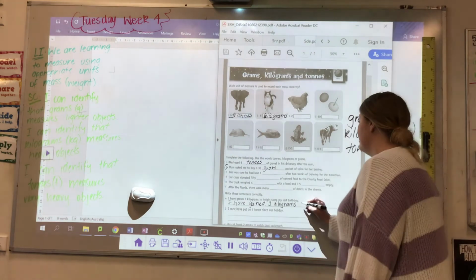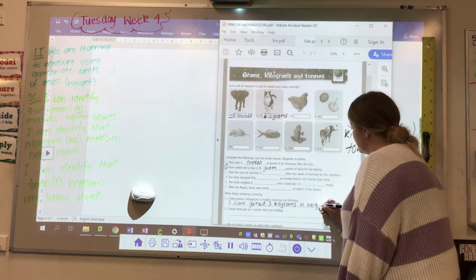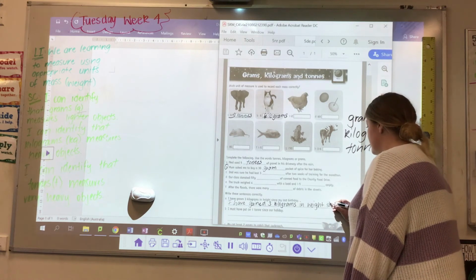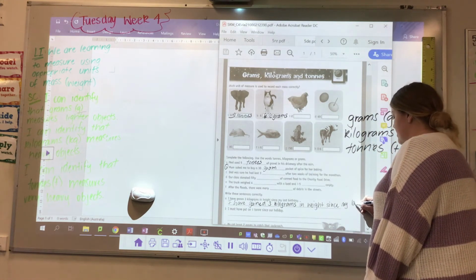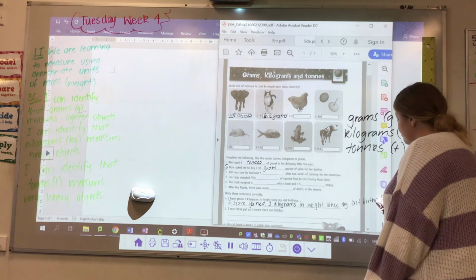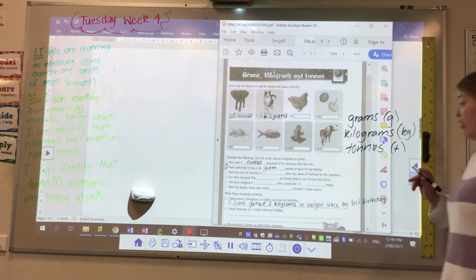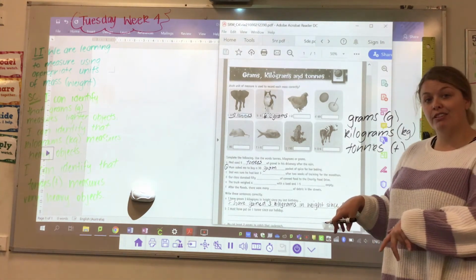That's right, 3 kilograms in weight since my last birthday. All right, you can have a go at doing those last couple by yourself.